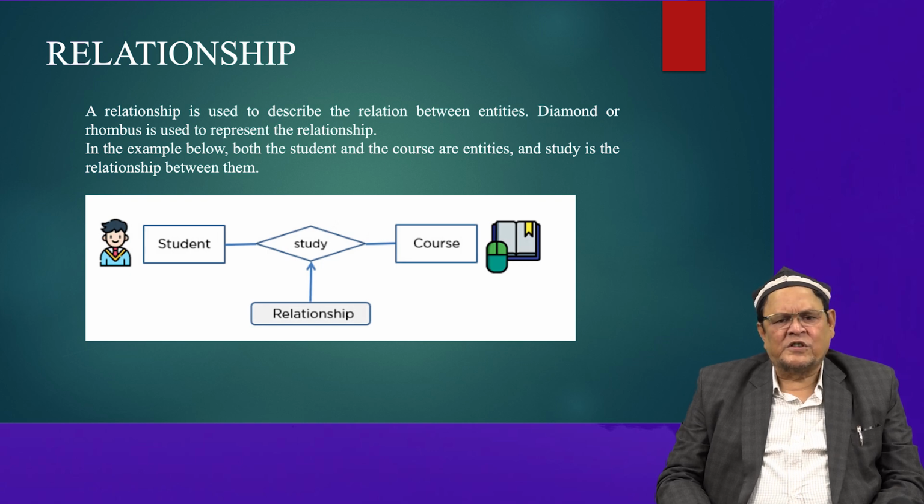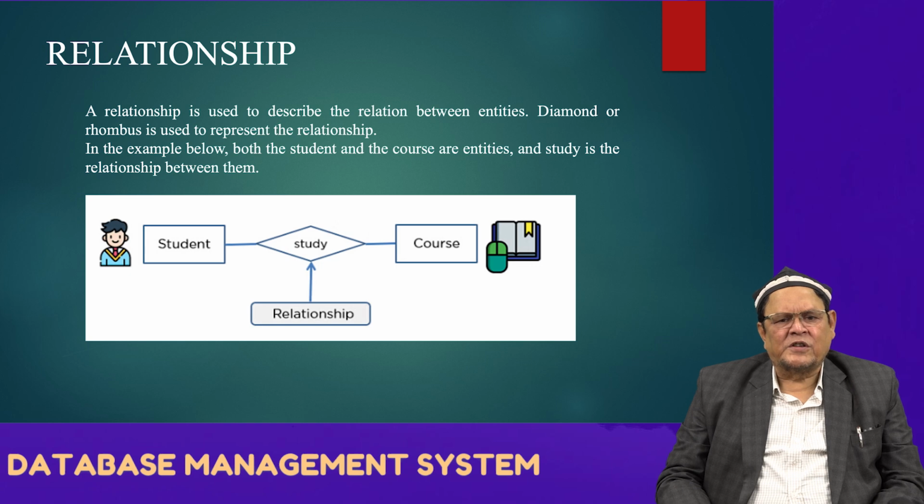In a database management system, an entity relationship diagram visually represents the relationships between entities in a database.